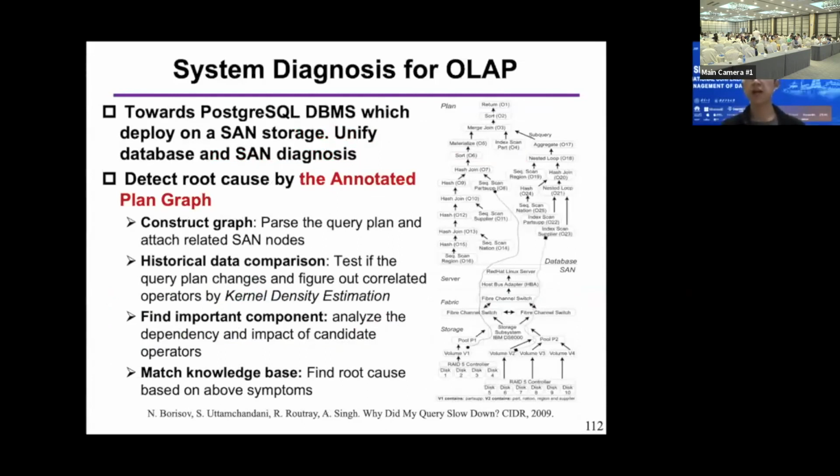It first builds a graph by parsing the query plans as a tree, and then correlates the operators in the same model with the nodes in the tree. And then it compares the newly built tree with the historical data and judges whether the query plan has changed and which operators consume much more time.